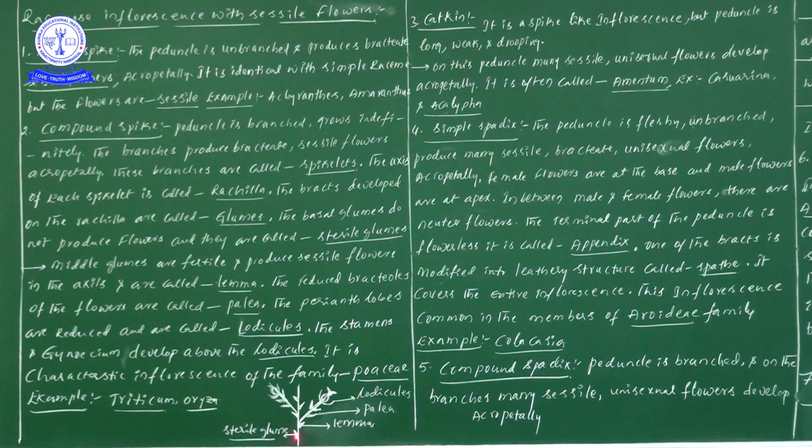Why are these bracts called sterile glumes? Because this particular bract will not produce any kind of flowers. If the bract fails to produce flowers, we take it as a sterile glume. If the bract produces flowers, we definitely take it as a lemma.